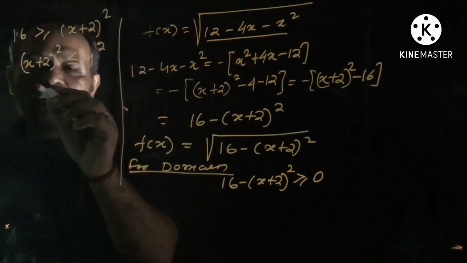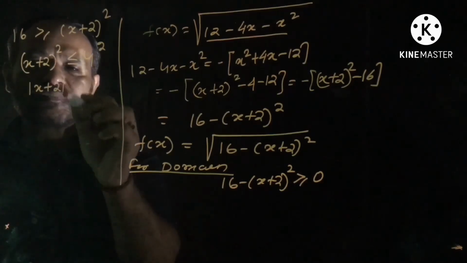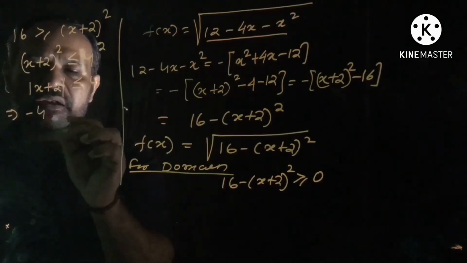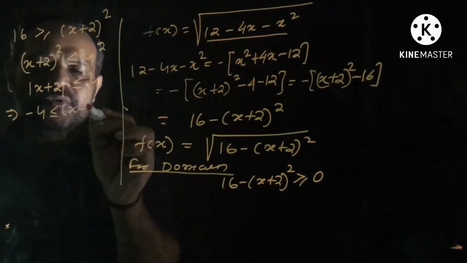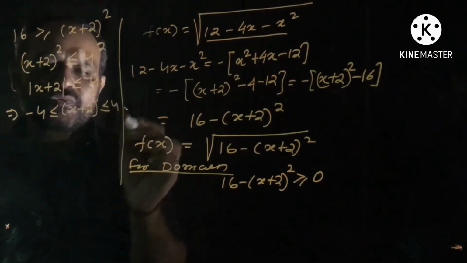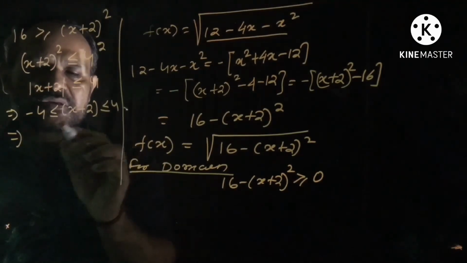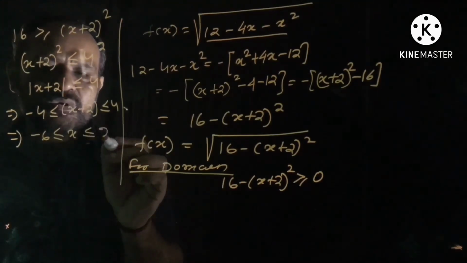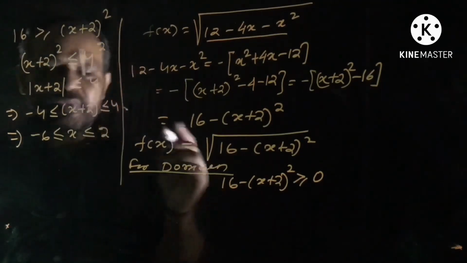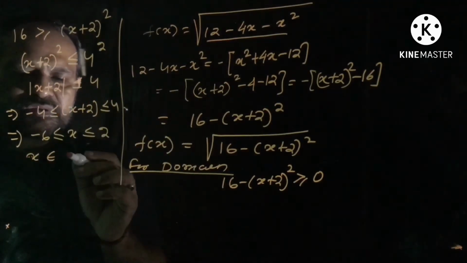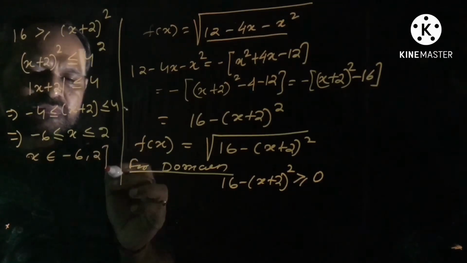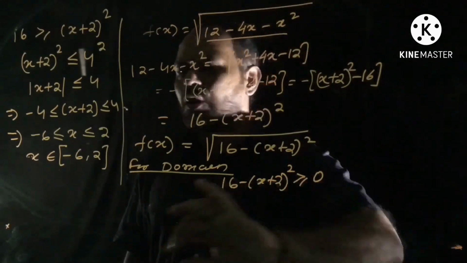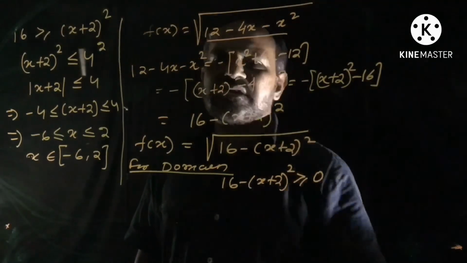On eliminating the square, we can write mod of x plus 2 less than or equal to 4, which implies minus 4 less than or equal to x plus 2 less than or equal to 4. Again, this implies minus 6 less than or equal to x less than or equal to 2. Then what is the domain of this function? Domain is minus 6 to 2. Any doubt? I think all of you understood this process.